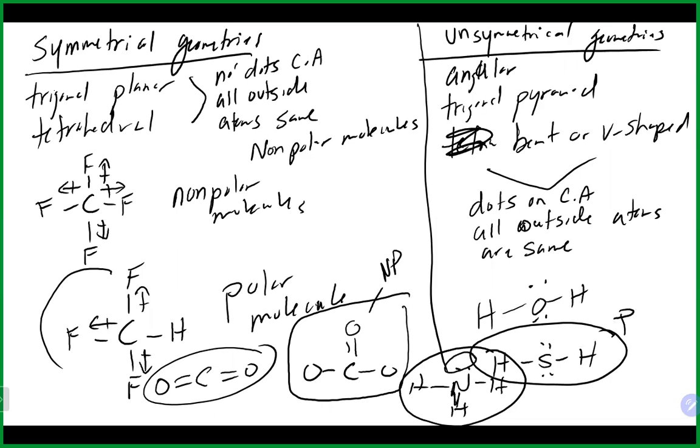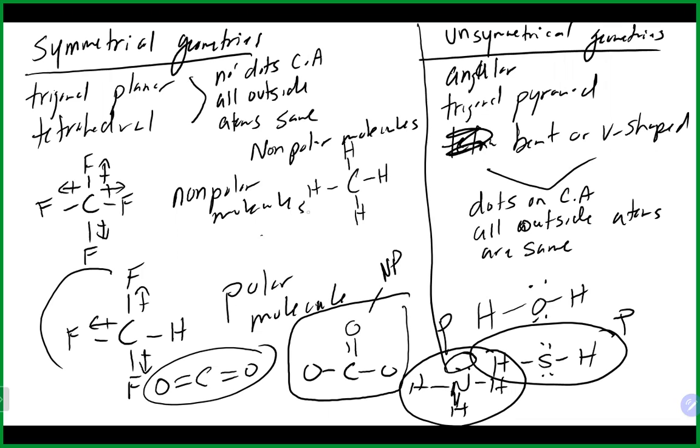I see dots on the central atom. Everybody on the outside is the same. It should be polar. I have this one is going to be non-polar. Again, by the way, there's no polar bond there at all. Carbon hydrogen is non-polar. That would be non-polar as well.